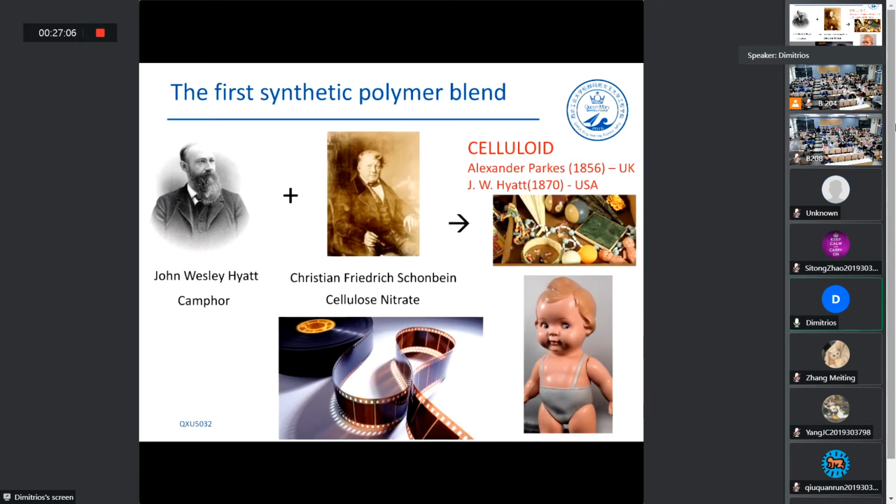So, generally, I should point out before going to the first synthetic polymer blend, that development and commercialization of new polymers usually require many years, and also they are extremely costly, okay? So this is an additional advantage of blends. Because we employ polymer blending processes, which are very cheap to operate, it is also possible to reduce the time to commercialization, okay?